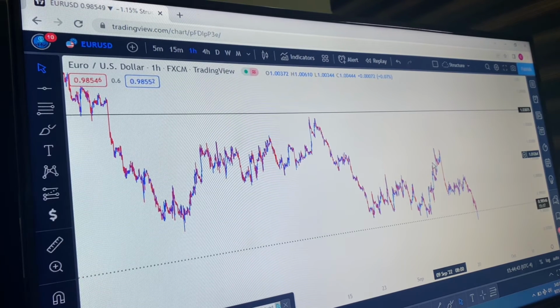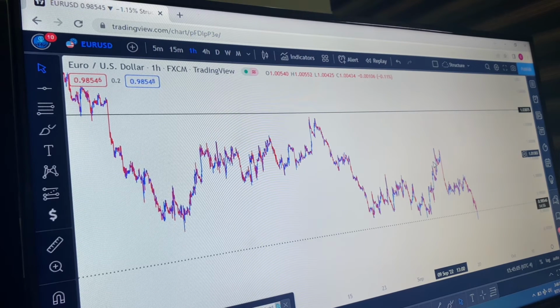But I love to analyze things on a bigger time frame, then come to a smaller time frame to pick my trade. That's when I will know, okay, this is where I'm going to buy, this is where I'm going to sell. But on a bigger time frame, you have to understand what is going on.